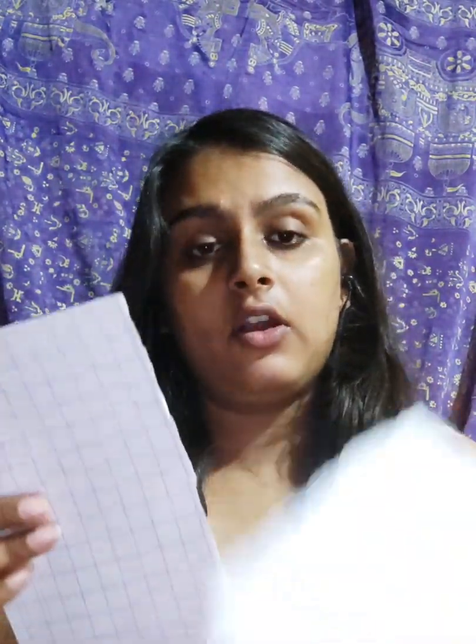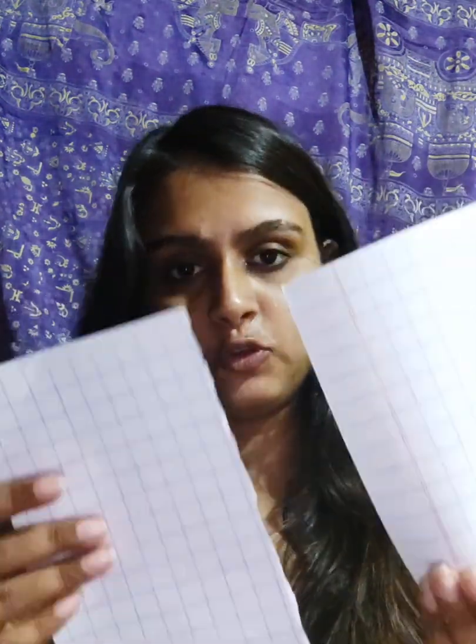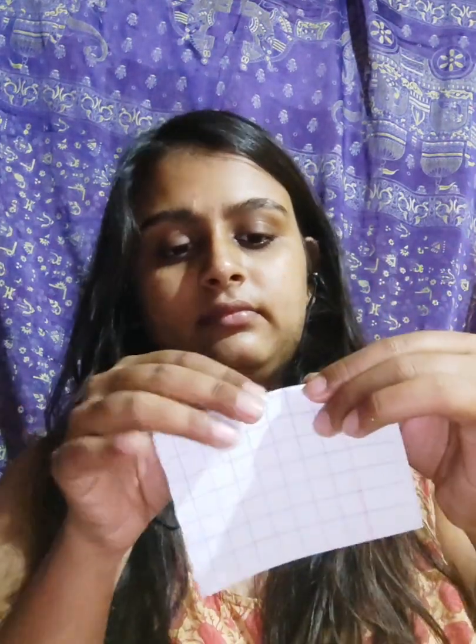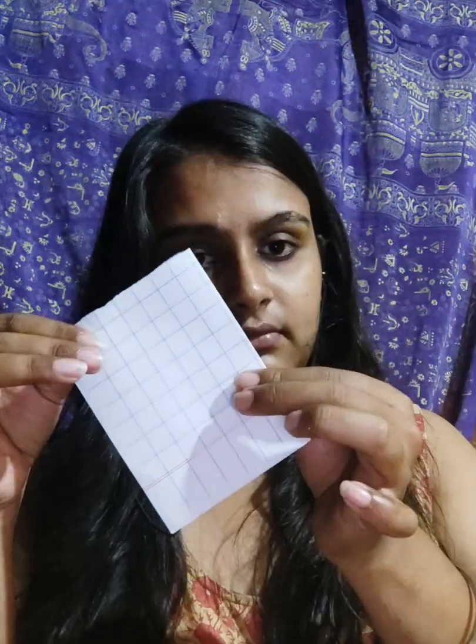So what we're gonna do next, we're gonna halve these two halves. And how? Let's do it. We're gonna fold this again from the very middle, and also this one like this, and we're gonna cut it.